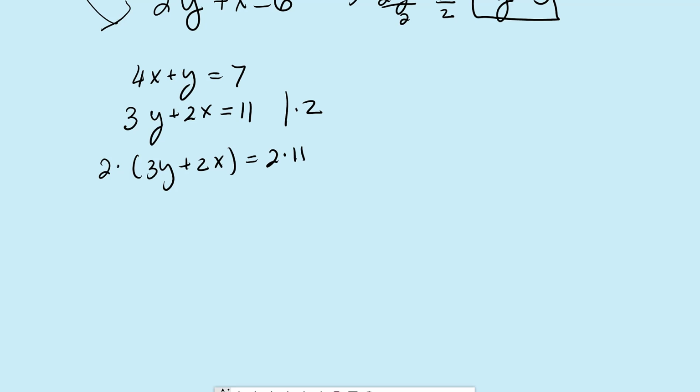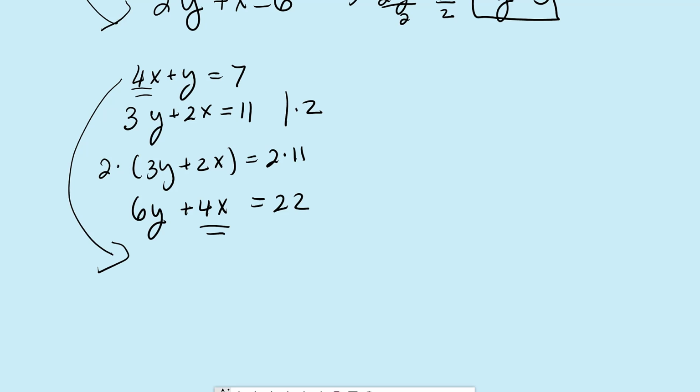So we open parentheses, we get 6y plus 4x equals 22. Okay, again we have a 4x here and a 4x here. So we would like to subtract one side of the equation from the other, right? So let's bring this equation down here and let's write it as y plus 4x equals 7.